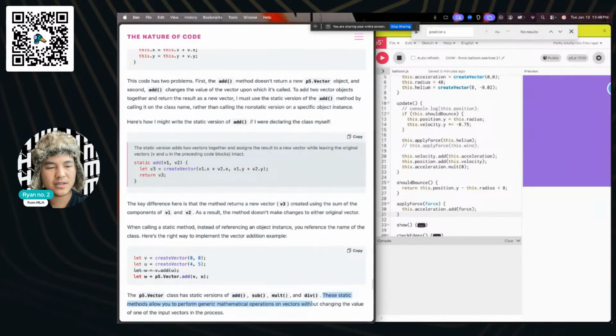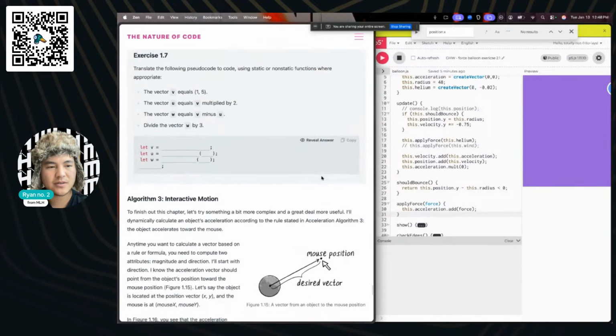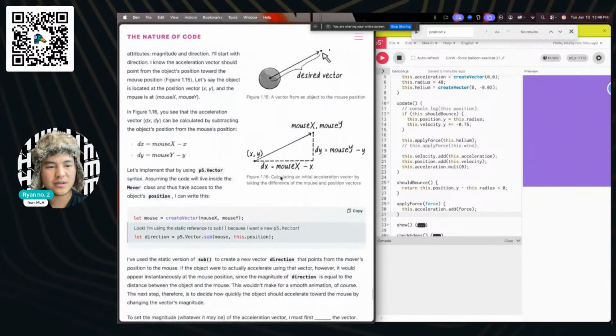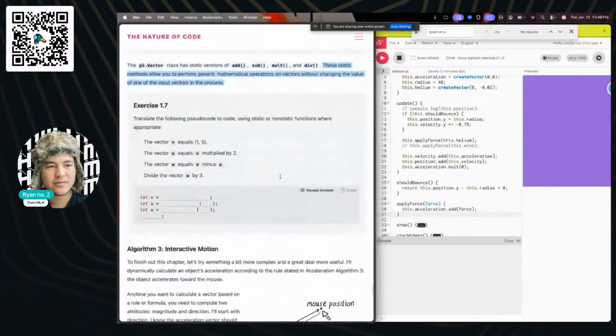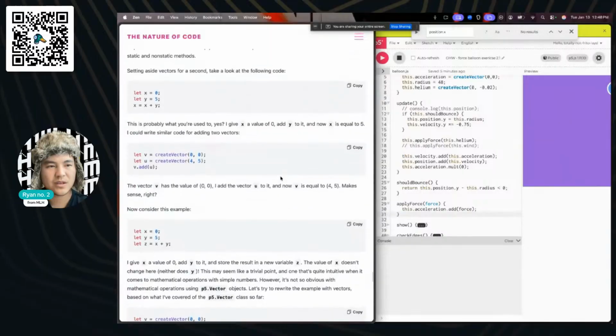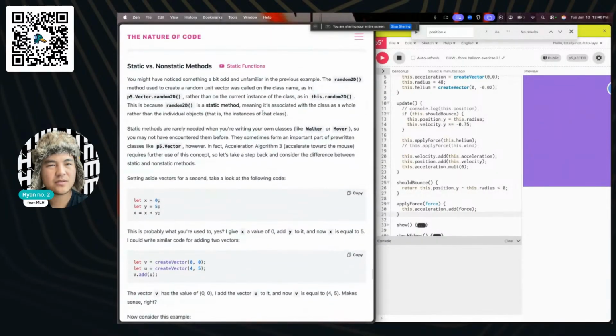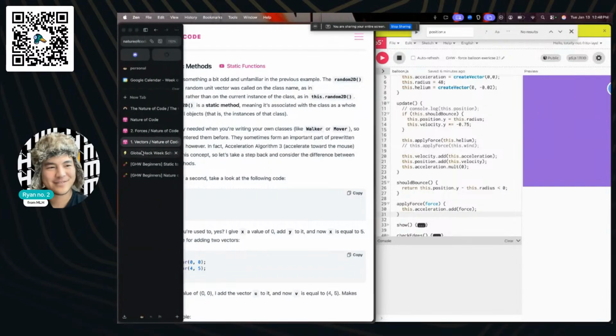Oh, these static methods allow you to perform mathematical operations on vectors without changing the value of the input vectors. So then where are the non-static methods? Because random 2D is a static method, meaning it's associated with the class as a whole rather than individual objects. Oh, it's talking about object-oriented static versus non-static methods. Okay, that makes a lot more sense.